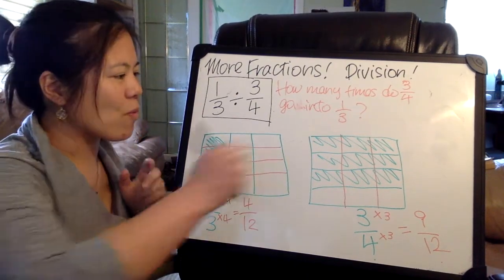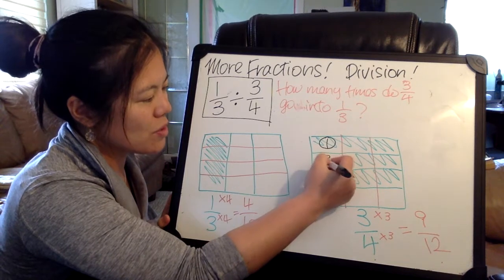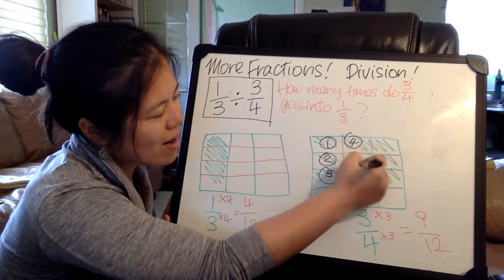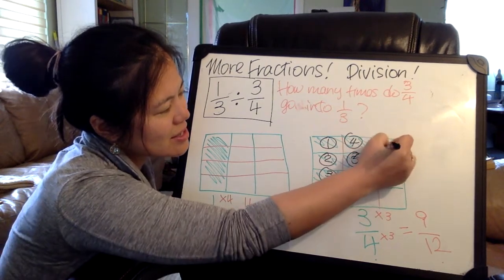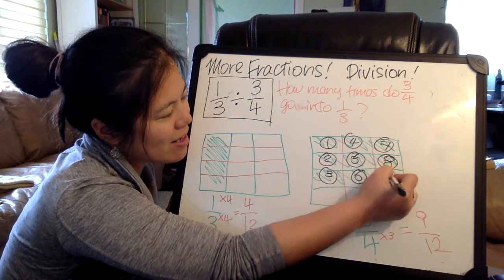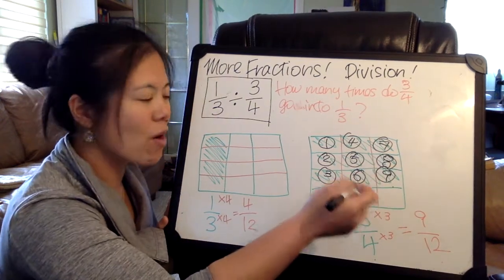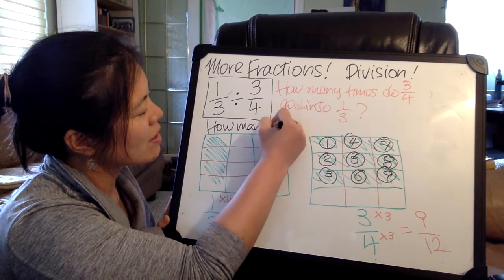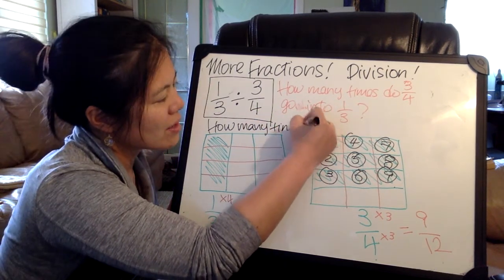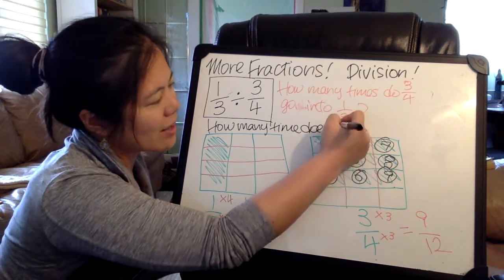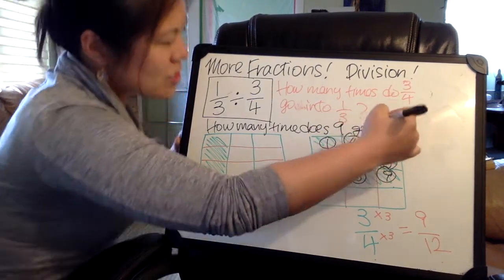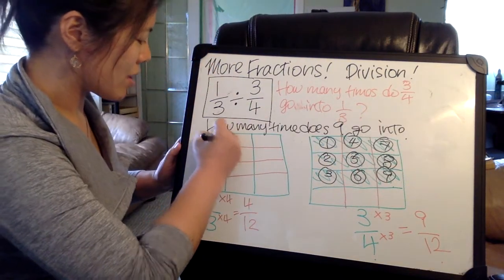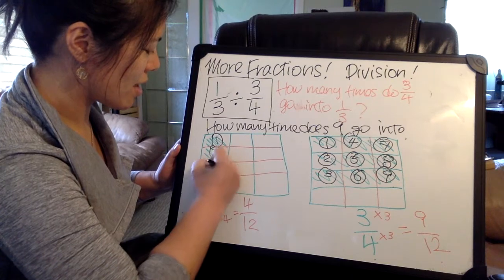And let's see, so I want to know 1, 2, 3, 4, 5, 6, 7, 8, and 9. And I want to know how many times does 9 go into 1, 2, 3, and 4.